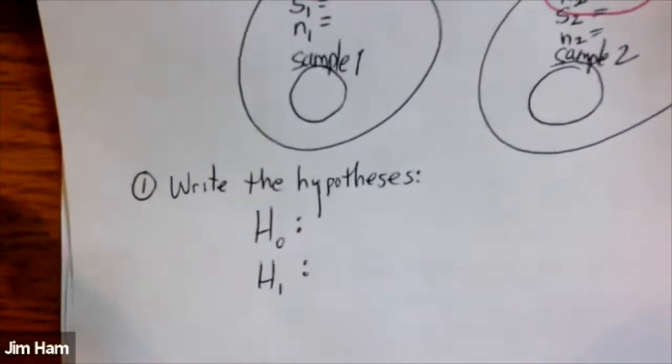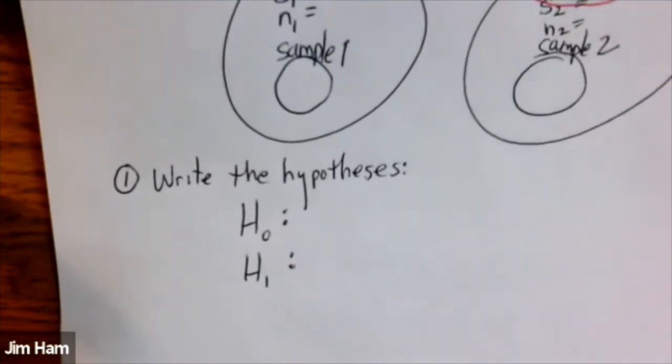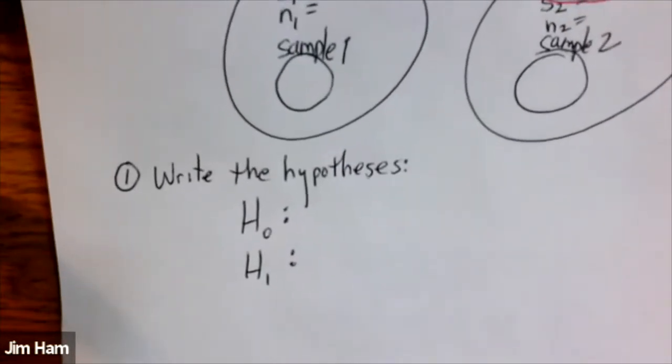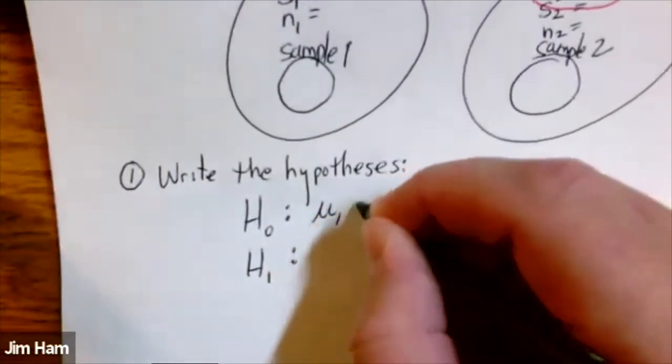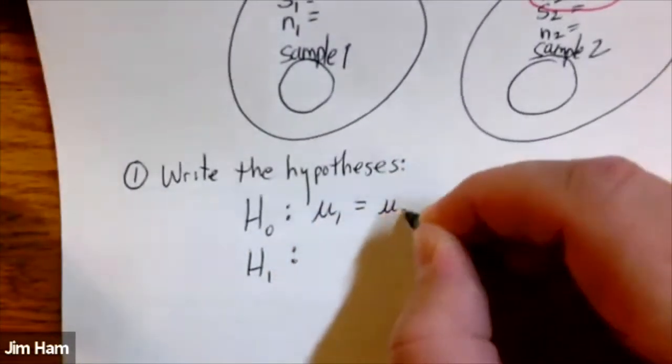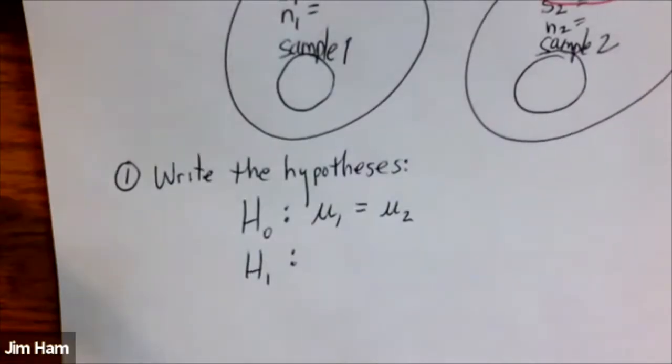They are competing hypotheses. What's nice about this section, just like 11.1, is that the statement that there's no difference in the means is mu1 equals mu2, and regardless of the test type, one-tailed left, one-tailed right, or two-tailed test, the null hypothesis will always be the same.